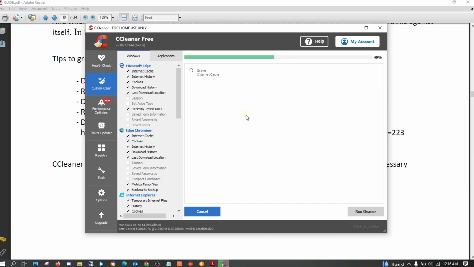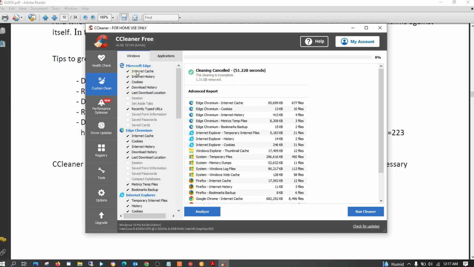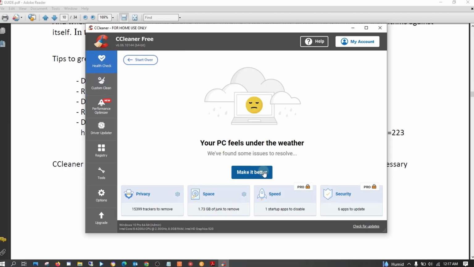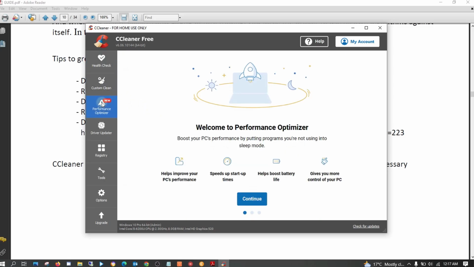I'll just show you what it does. Maybe what I can do is cancel so that I can show you. Okay, so you see I have 15,399 trackers for today, and this is in the space of junk and apps for security upgrades. This is a pro version. If you need the pro version, you can just buy it.